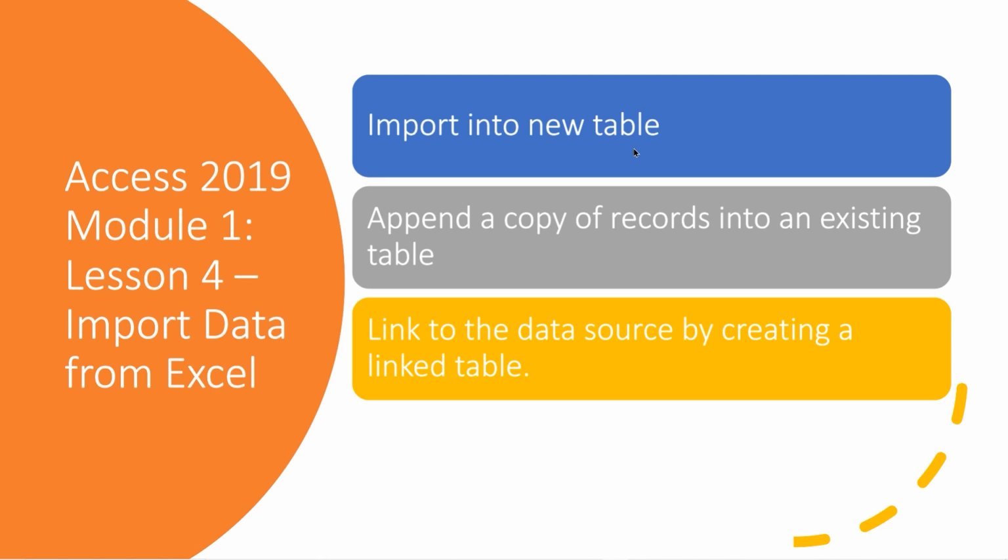You can append a copy of records into an existing table, which is how we're going to partially populate the customers and employees tables that we've created. Or you can link to the data source by creating a link table, which we'll cover in a later module. For right now, we're going to import our other table data using the Import into New Table feature.